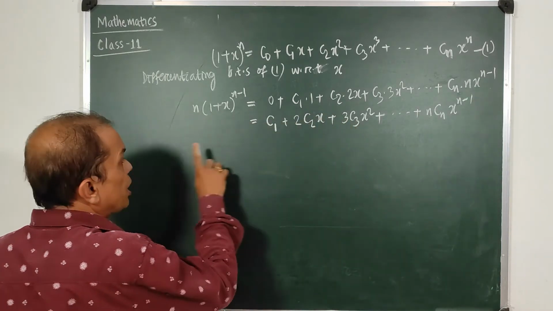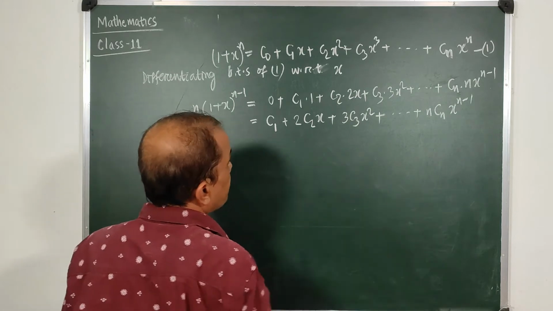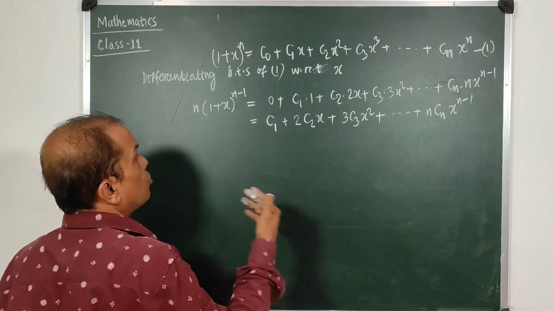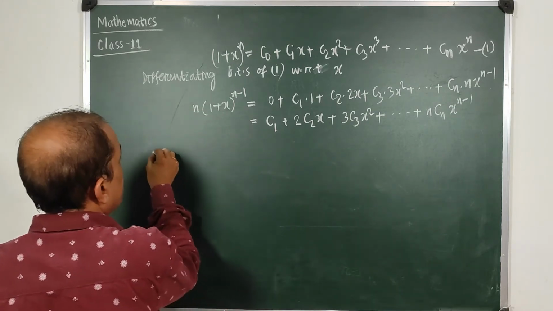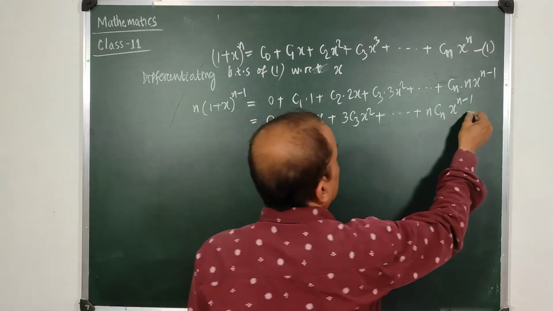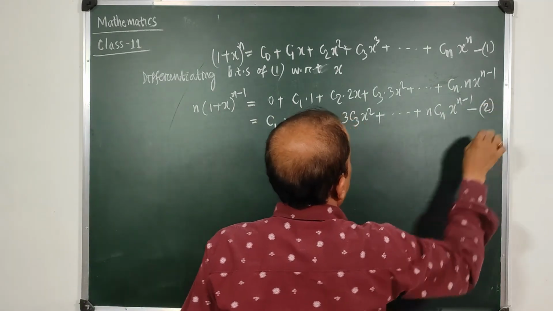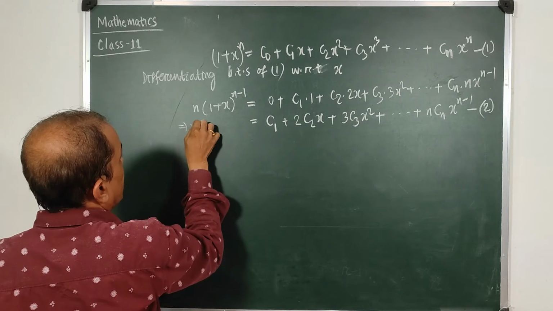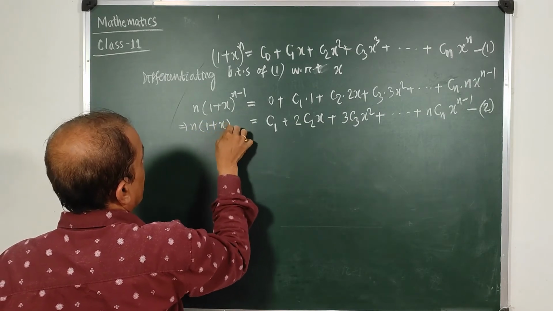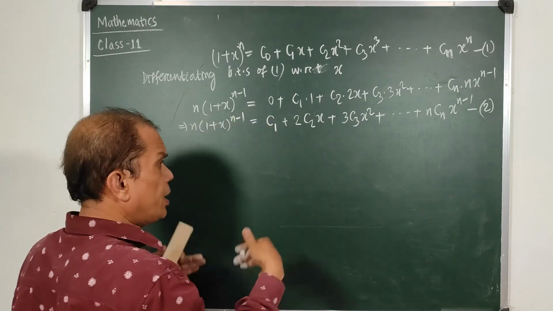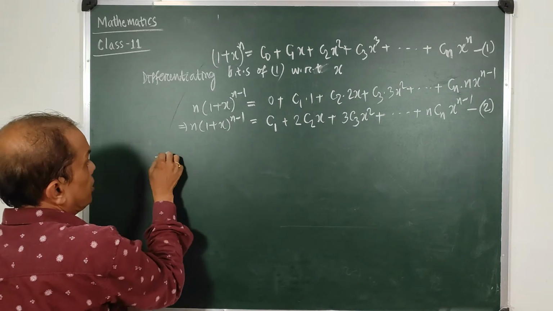This is the second equation, which is n(1 + x)^(n-1). If I again differentiate, what do I get?